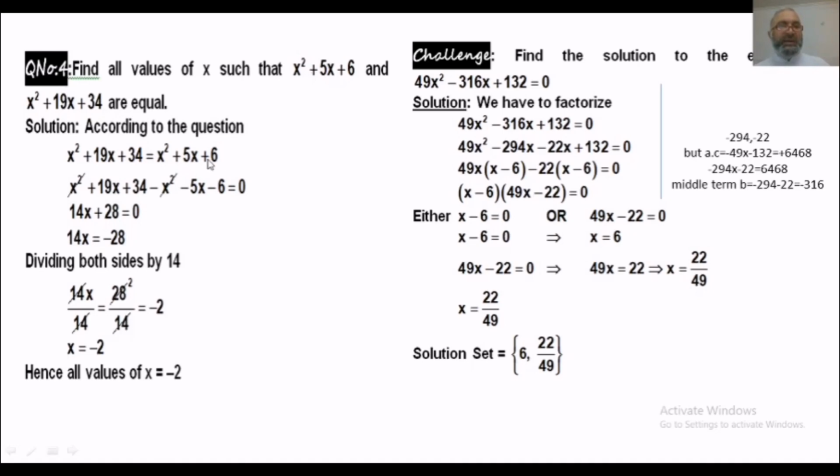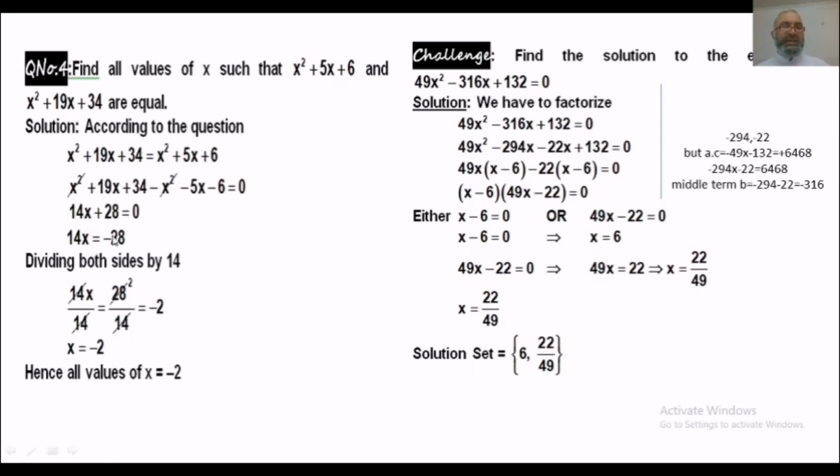Now simplifying, transferring all the terms to the left-hand side. So we transfer the right side to the left-hand side: x squared plus 19x plus 34 minus x squared minus 5x minus 6 equal to 0. x squared cancels with minus x squared. 19x minus 5x becomes 14x. 34 minus 6 becomes plus 28 equal to 0.